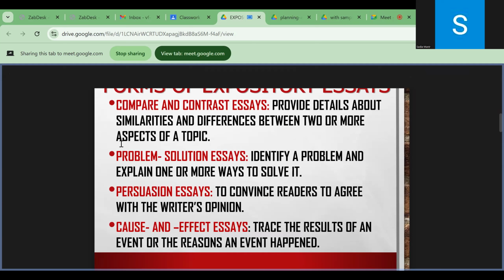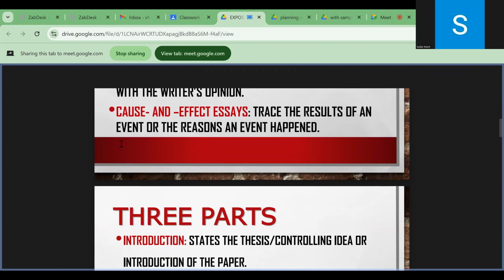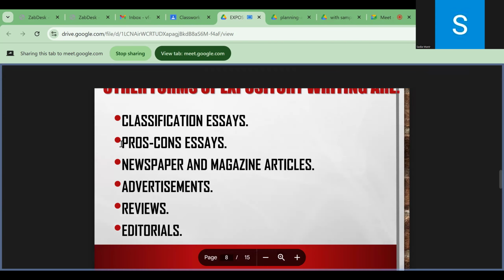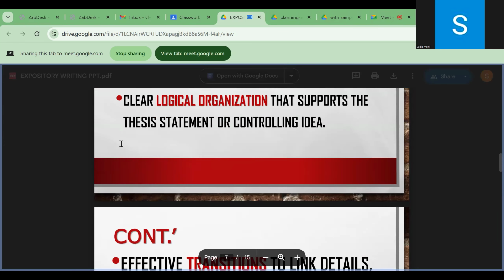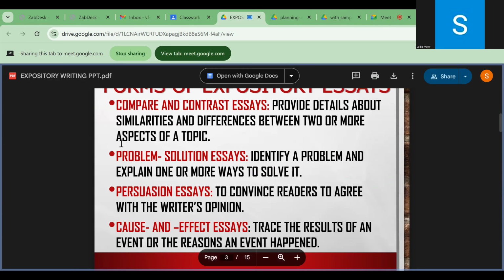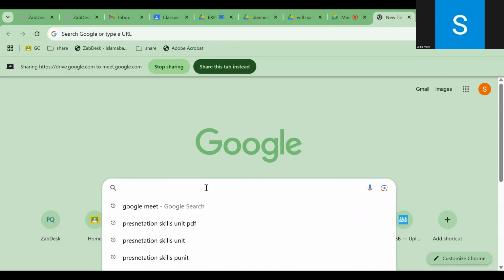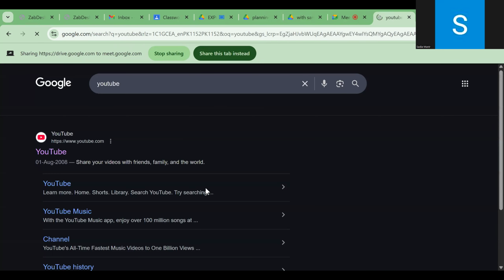And all of these also include कि आप information तो देते ही है ना, कि why there is a need to have something. इसके अलावा जो और हमारे पास टाइप्स आ जाती हैं एक्सपोजिटरी की, वो है क्लासिफिकेशन ऐसे, प्रोज एंड कॉन्स, न्यूज़पेपर एंड मैगजीन्स, एडवर्टाइजमेंट्स, रिव्यूज एंड एडिटोरियल्स. तो ये कुछ फॉर्म्स एंड टाइप्स हैं जो आपको पता होनी चाहिए. थैंक यू मैम. वेलकम बेटे.